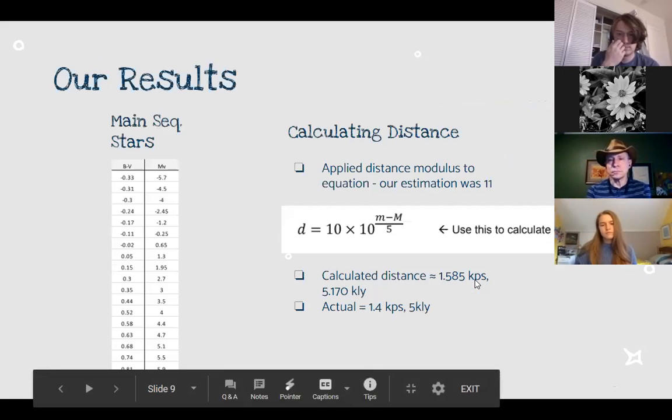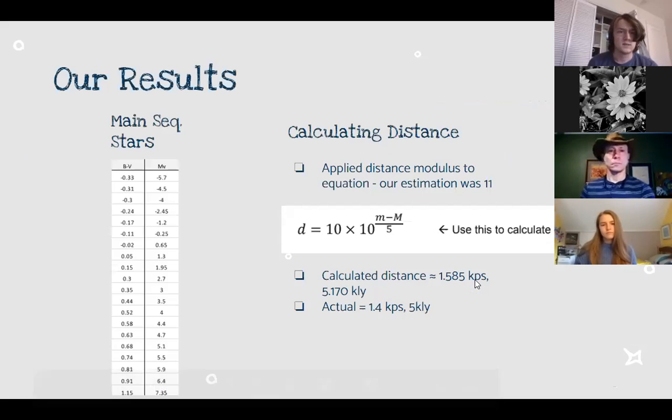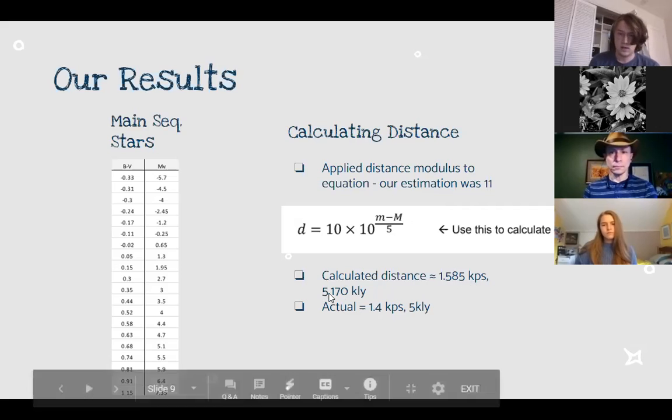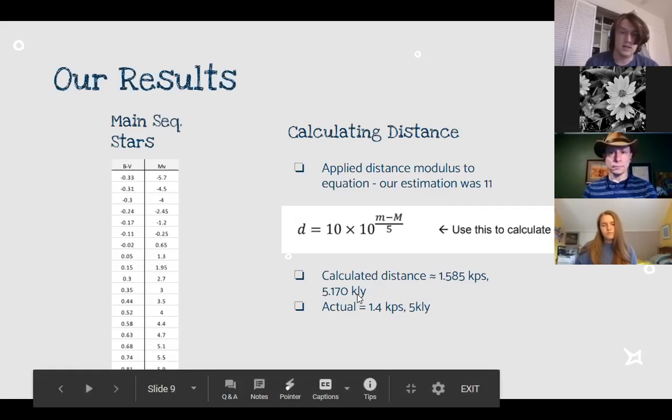And so here are the results. We applied the distance modulus to that little equation right there. From that, we were able to calculate that the distance from Earth to M52 was about 1.58 kiloparsecs, or 5.17 kilolight years.